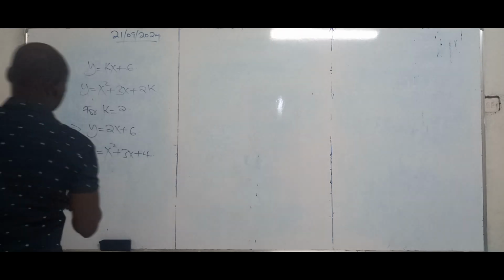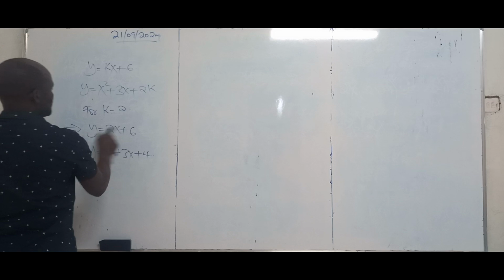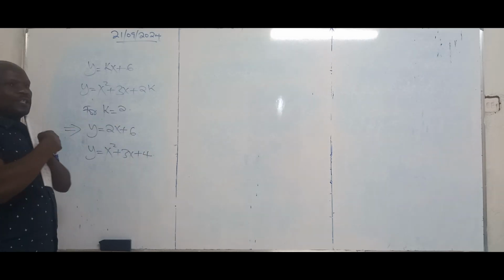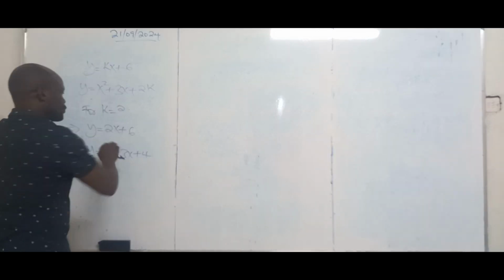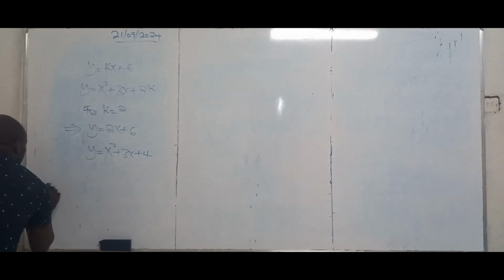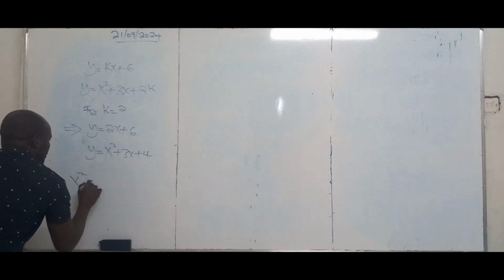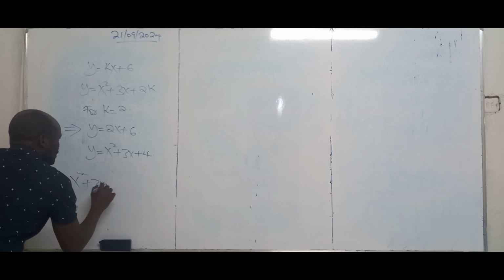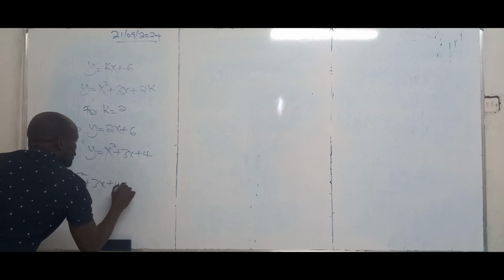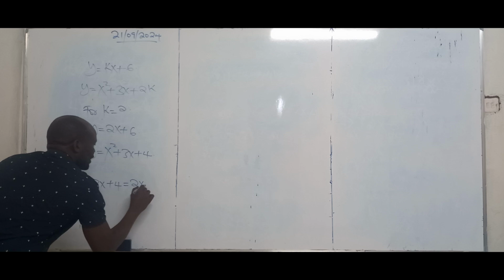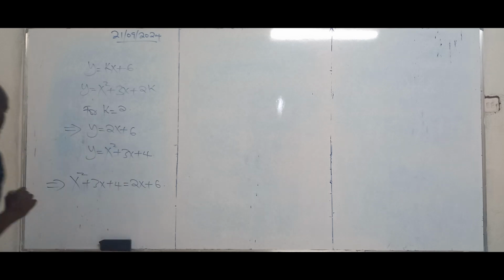To find the 2 points, I will equate them, because at the point of intersection they share those points. So by equating, I'll have x squared plus 3x plus 4 is equal to 2x plus 6.